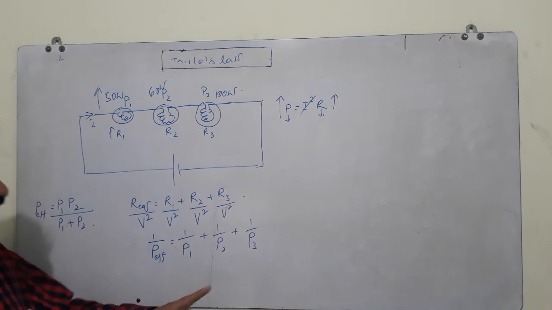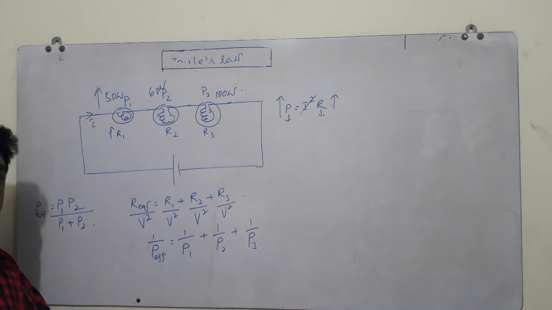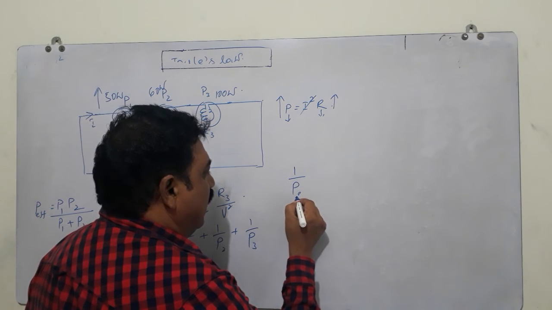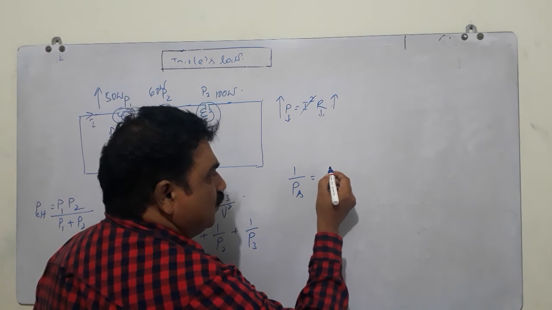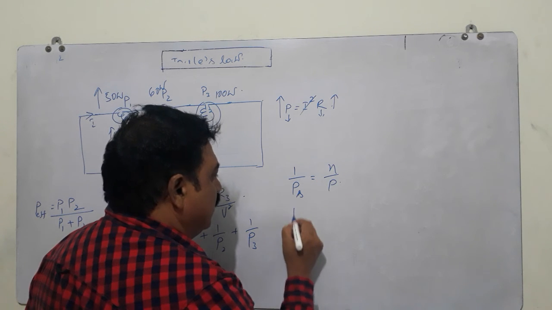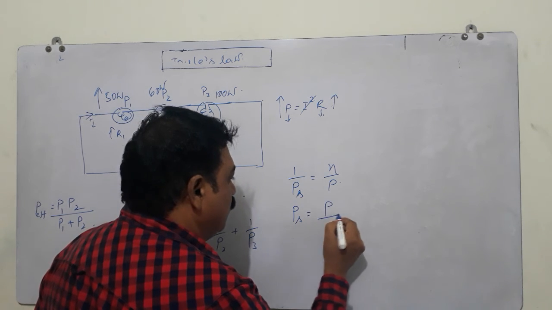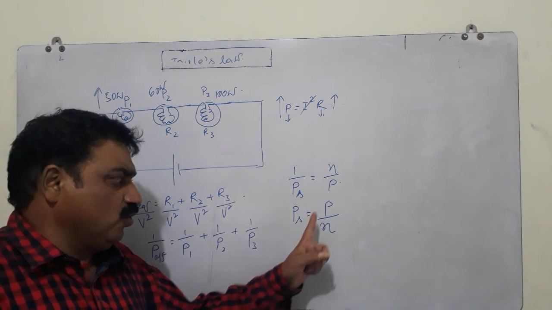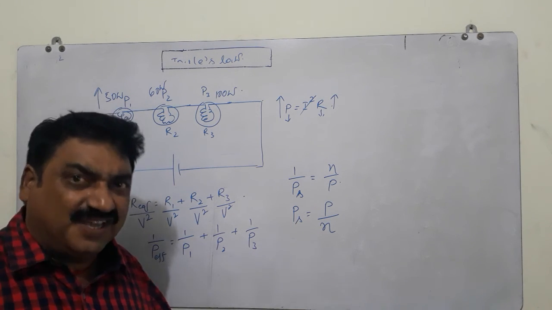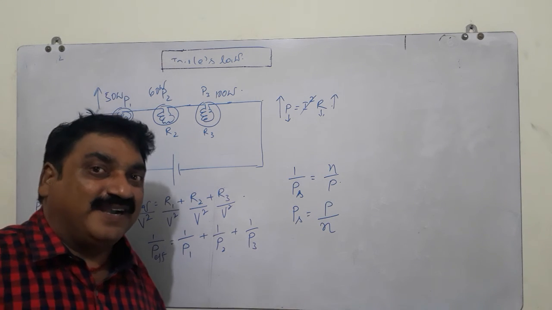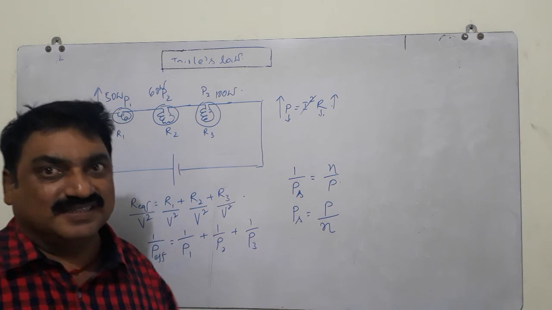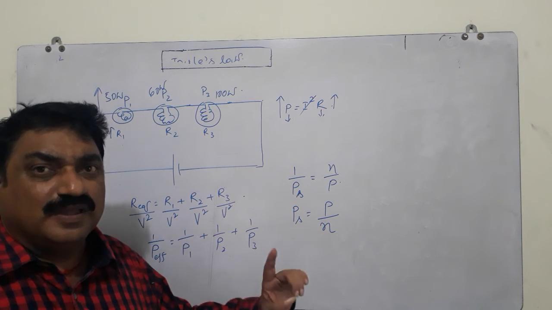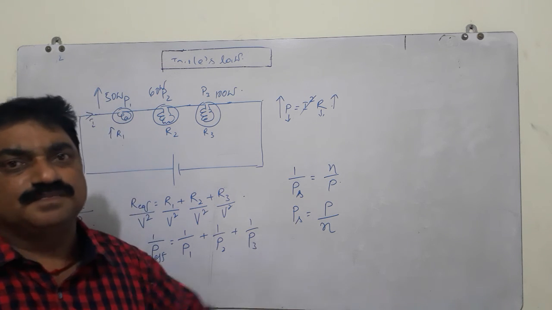If such identical bulbs are connected in series, then you will get 1 by P effective, or Ps, equal to n by P, or P in series is equal to P by n. If you connect two identical bulbs in series, effective power is P by 2. If you connect 3, P by 3. The power is going on decreasing. So, series combination is used to minimize the dissipation of the power.